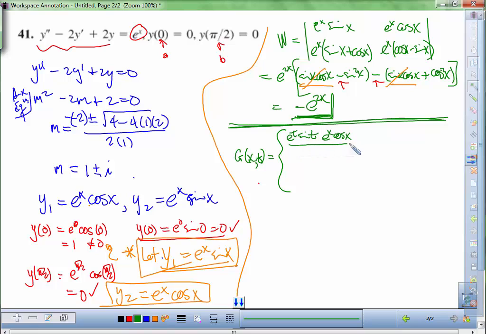And then we divide by the Wronskian, which we found to be negative e to the 2x. And this is good for t values between 0 and x. When we create our integral, we'll see how that fits into this piecewise Green's function.